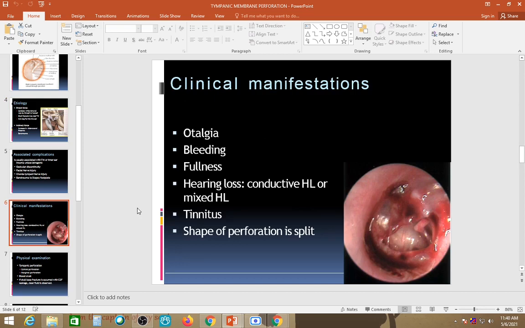Then fullness. Fullness, yes, ma'am. You need that, so that means you didn't write down the notes. Otalgia, bleeding, fullness, hearing loss, conductive hearing loss or mixed hearing loss, tinnitus, and the shape of the perforation is slit. See, you can see it in these pictures.